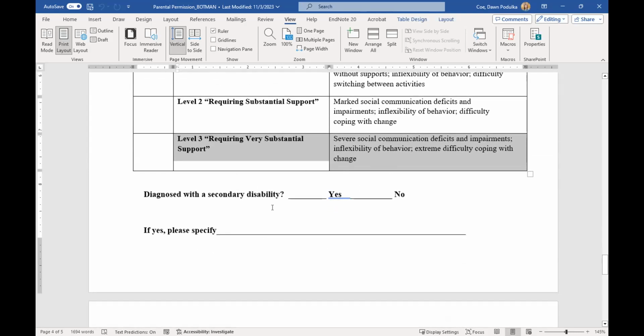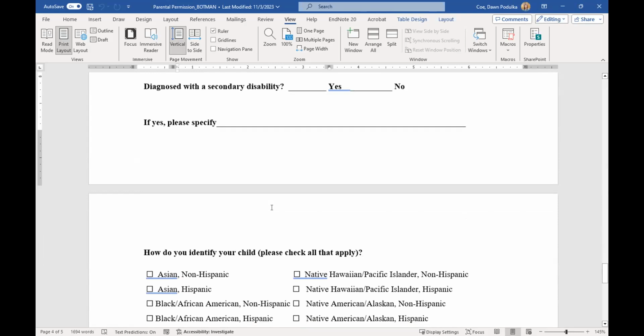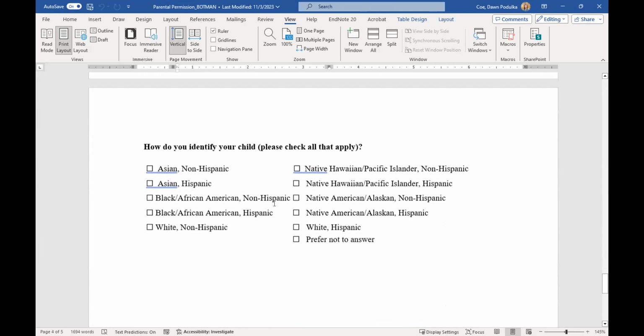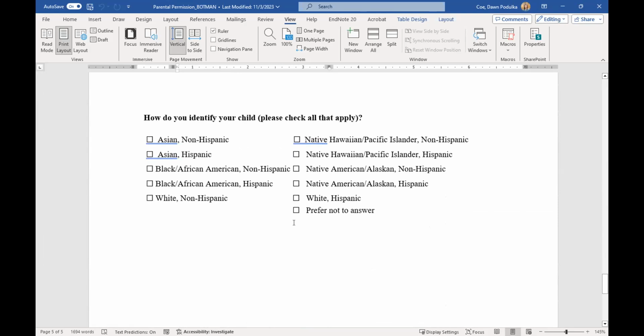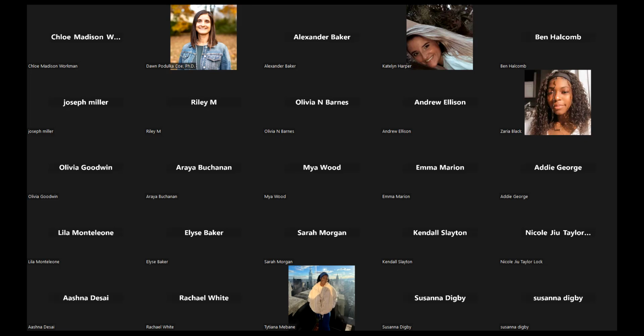And we also asked if they're diagnosed with a secondary disability. And then we ask information related to their race and ethnic background. So that is just an example of the permission form that we have the parents sign before we can do the study.